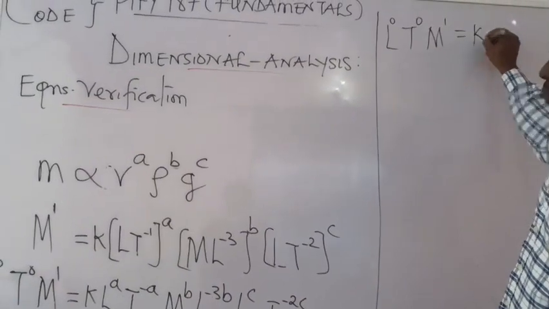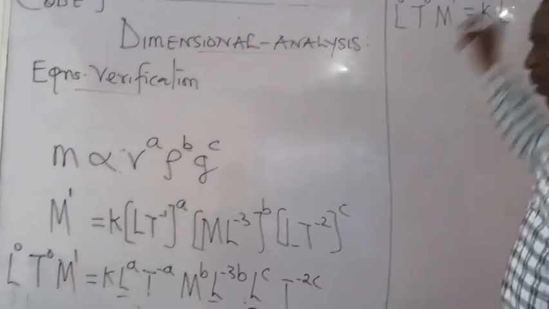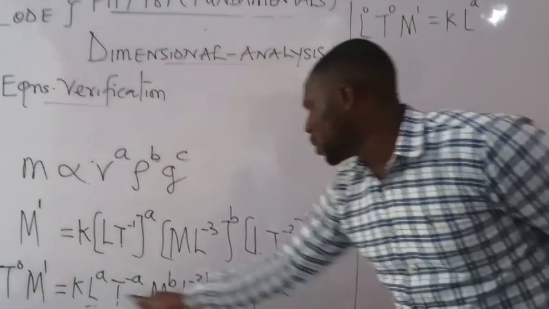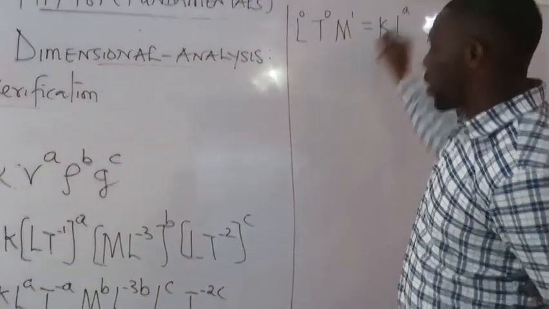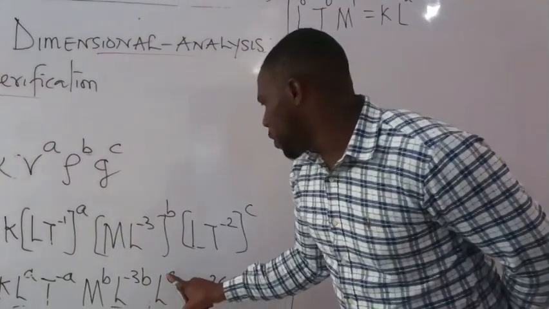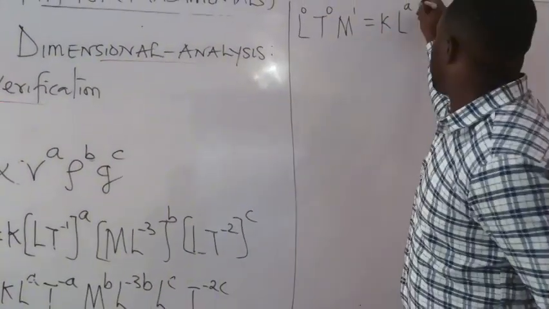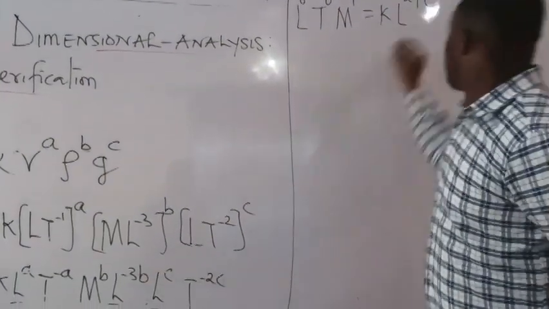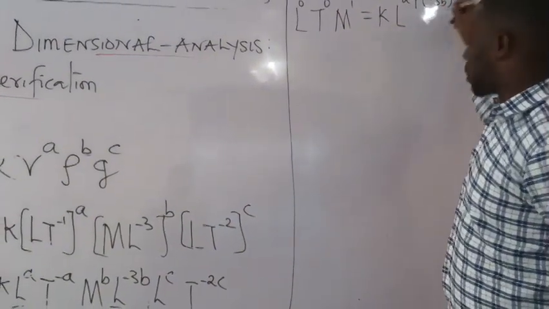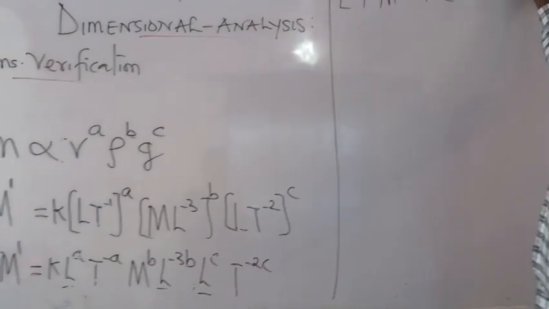Then this is K. Now, for L, this is the law of indices: the same base, so I add up the powers since they multiply. The first power of L is A, then I stick in the plus because of the times in between, then minus 3B, plus the next power of L, which is C.